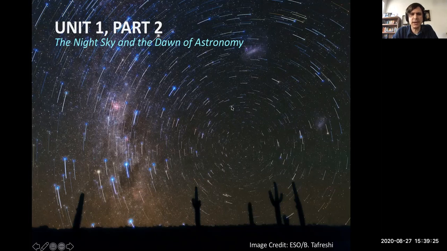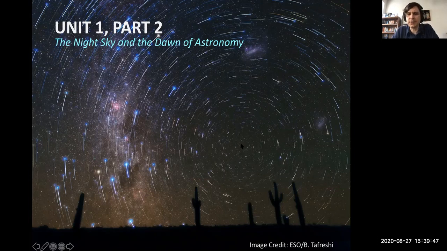And it looks like the entire sky is rotating about this point right here, which I know is what we call the North Celestial Pole. That little tiny star that doesn't really have any star trails right there is Polaris, the North Star. So this direction right there is north.